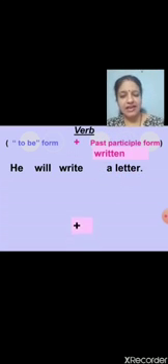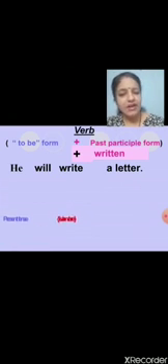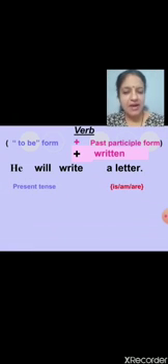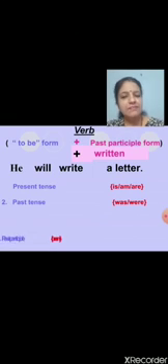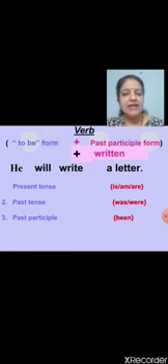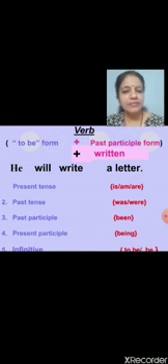For that, again we need to go to all the five to be form tables. Present tense, is, am, are. Past tense, was or were. Past participle, been. Present participle, being. And infinitive form, to be or be.